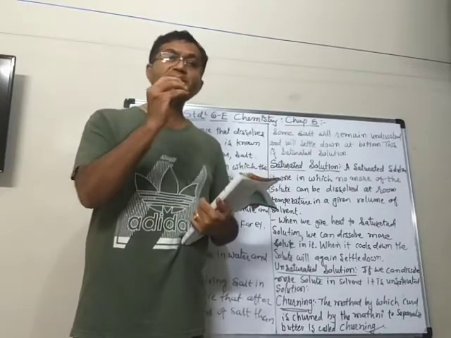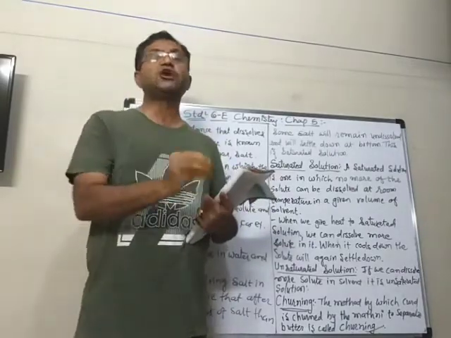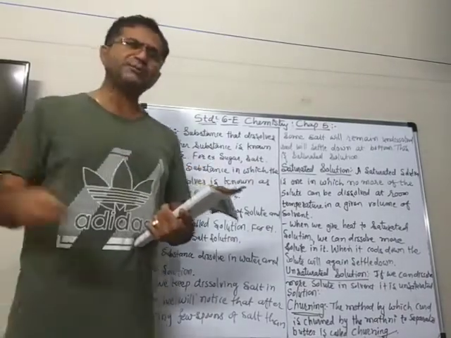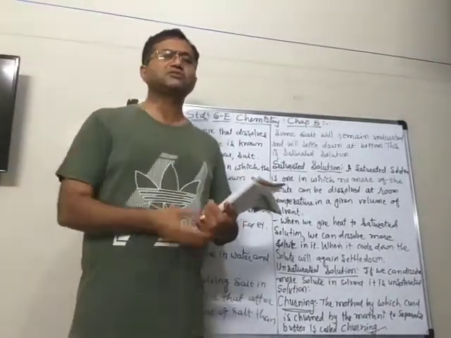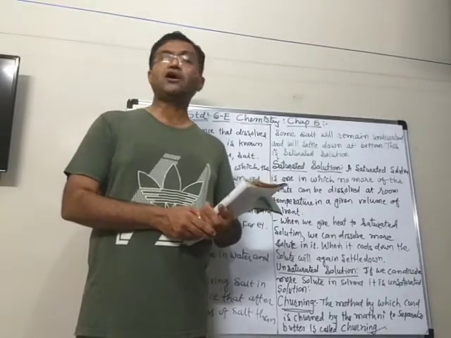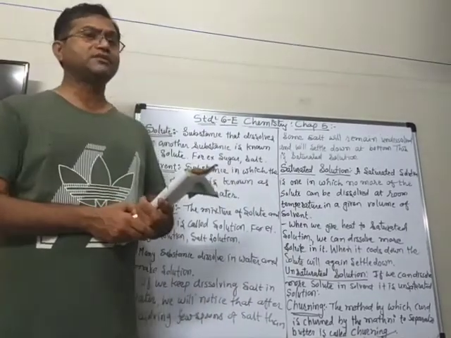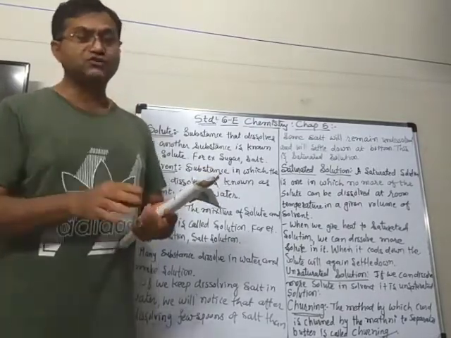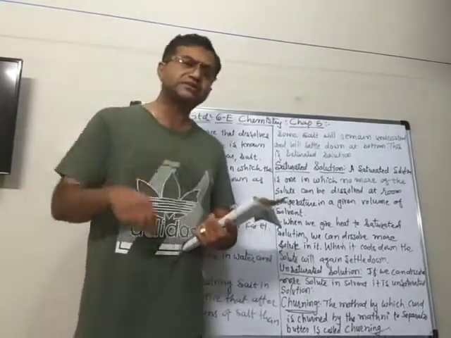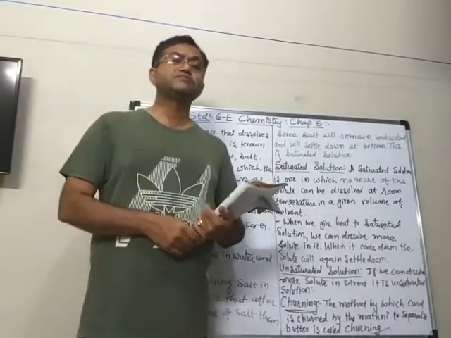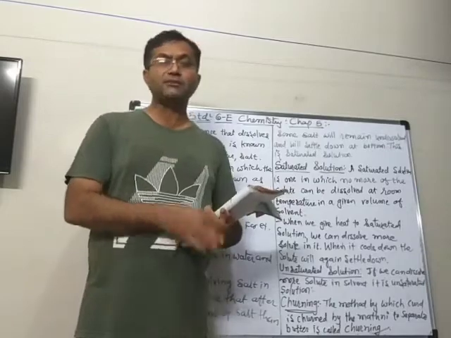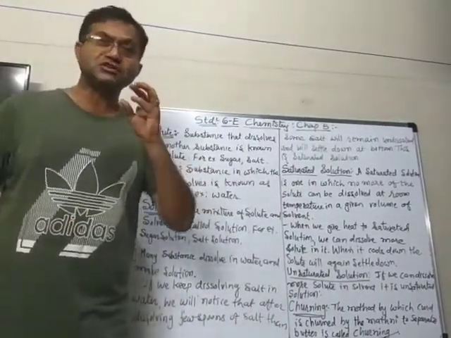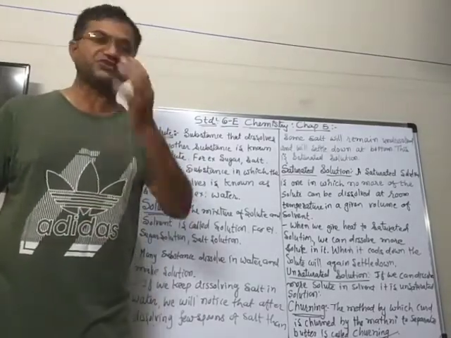Up to some extent only it can dissolve the solutes. So if you keep going on adding salt, then not all the salt will dissolve. After a few teaspoons of salt, it will settle down, and if you stir it, it will still not dissolve in the water, because the capacity of water for dissolving that amount of salt is finished.